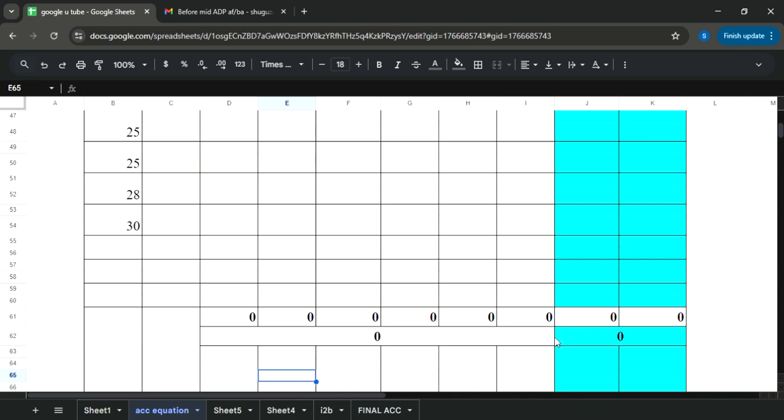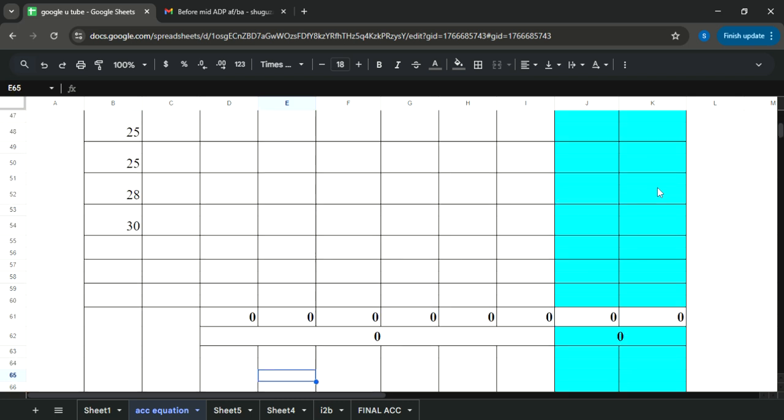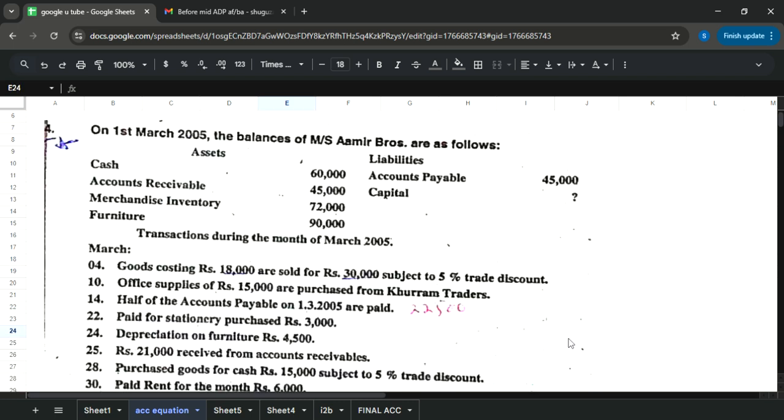Simply, we would put the difference of assets and liabilities in capital, and with that difference, these assets and liabilities would be equalized. I'm requesting you to please revise this statement and listen to it 2 to 3 times. Alright guys, now let's start our question.